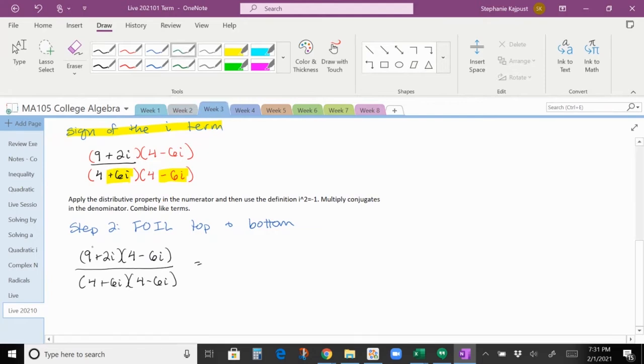And so if we do the top, so FOIL: first, outside, inside, last. So if you need to, write notes to yourself, that's what it stands for.